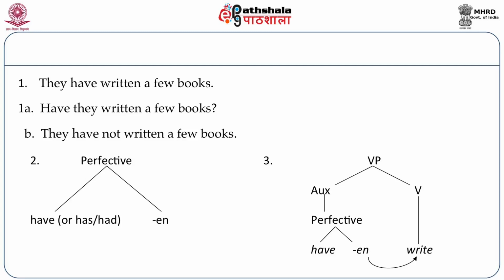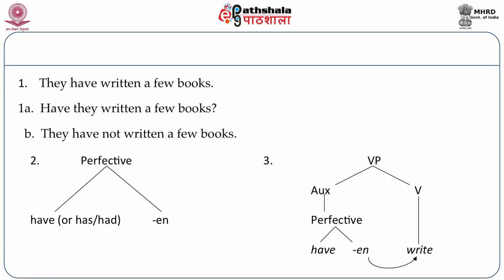And then look at how perfective is divided. Perfective is not just have. Like we know that when we say they have written a few books, one change that we make when we add a perfective marker is that we use have or has or had, plus we use the participle form of the verb.